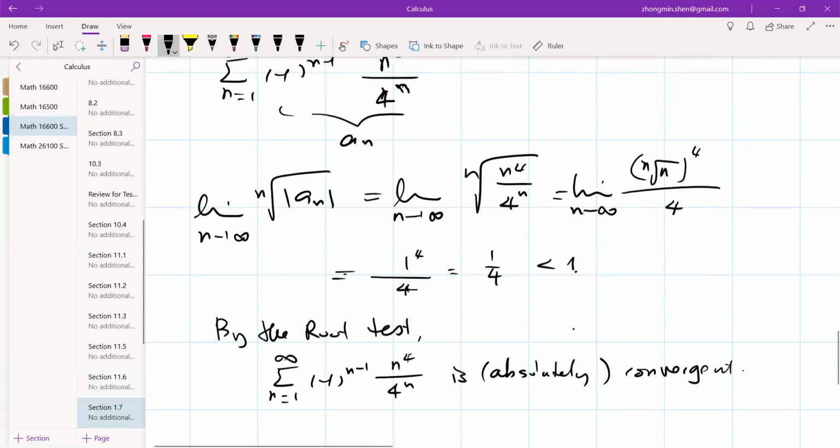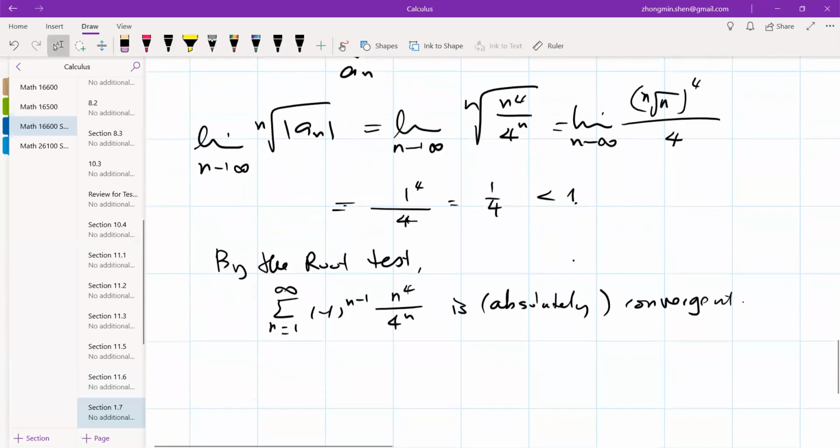So you can also use a ratio test to prove that it's absolutely convergent. You can try that.